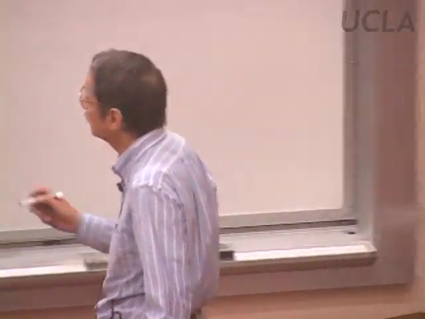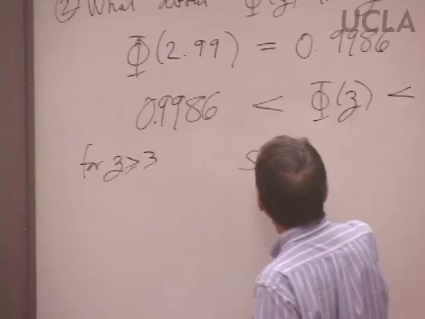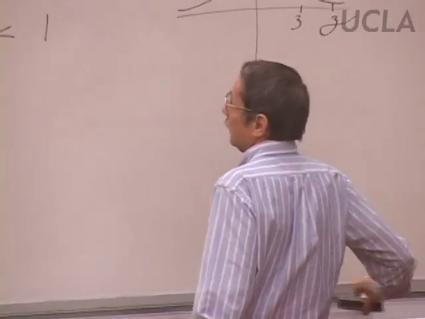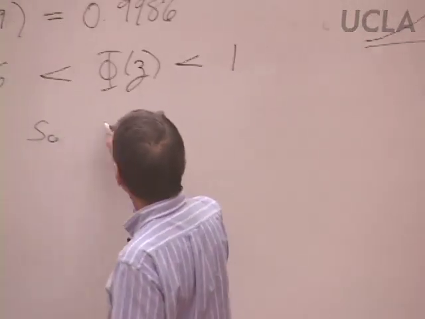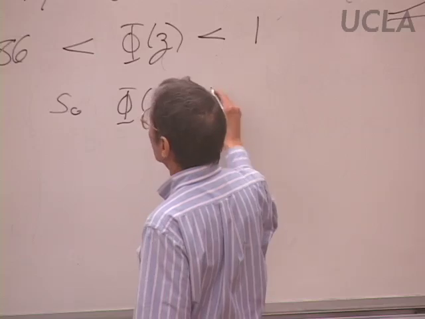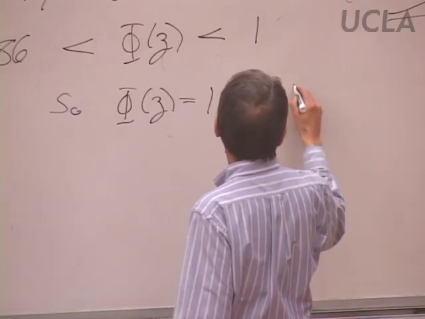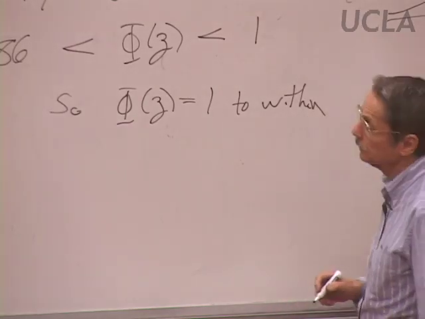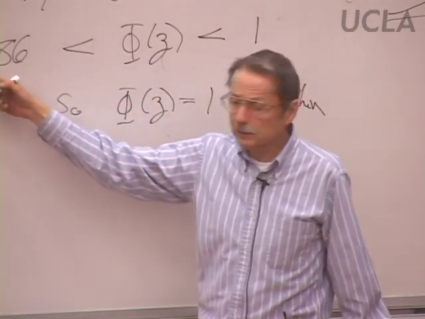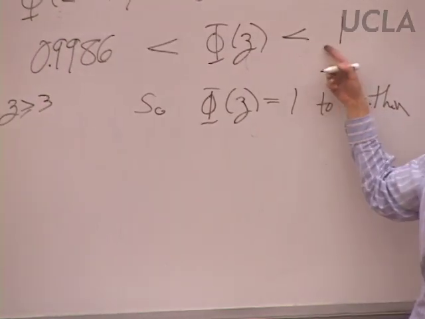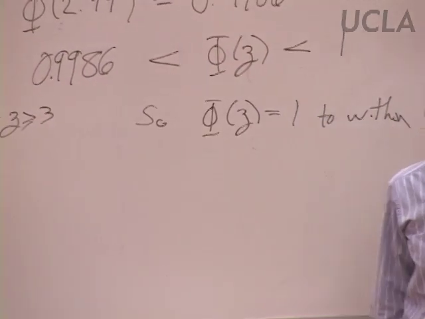So if we take phi of z simply to be 1, that's correct to 3 decimal places.